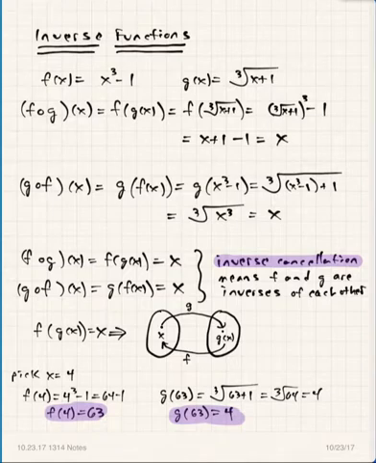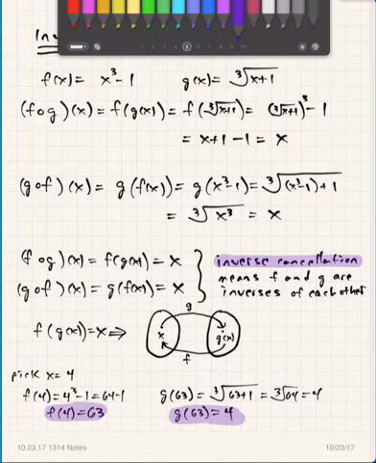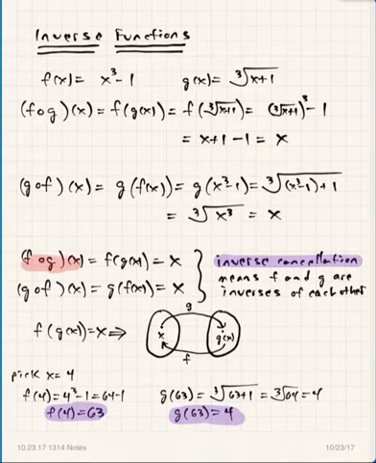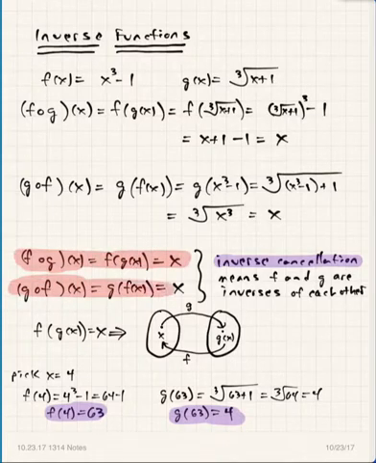Anytime two functions have this inverse cancellation property that I'm highlighting here in red, they're inverses, and they're going to do exactly what we saw at the very bottom there. They're going to switch their x and y values.